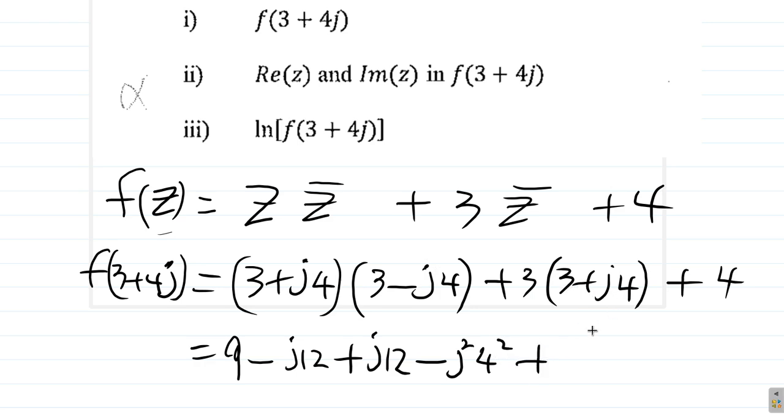Plus you open the bracket here, 3 3 is 9 plus 3 4 is 12, that's j12 plus 4. Okay, ensure you're following.